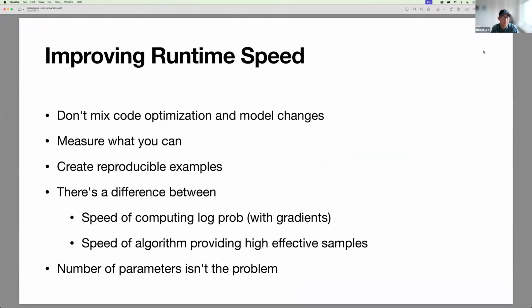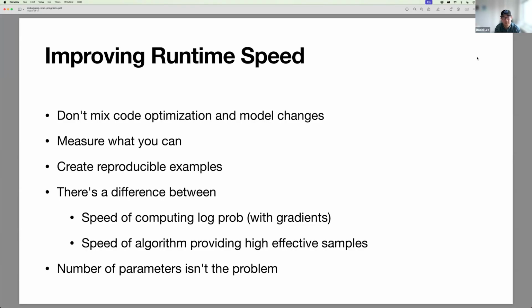All right, let's talk about improving runtime speed. If you're ever talking about improving runtime speed, please don't try to mix code optimization and model changes together. I mean, you can. I often do, and then I kick myself for doing it.